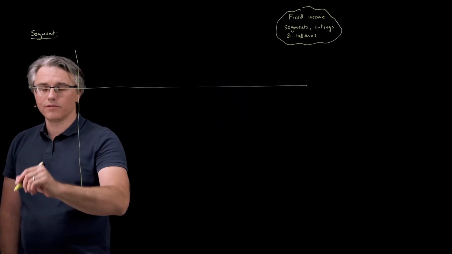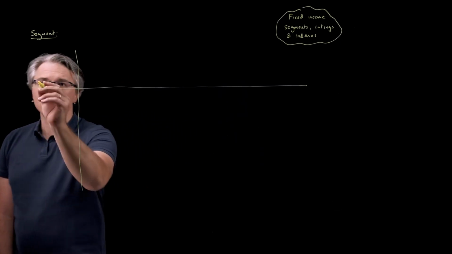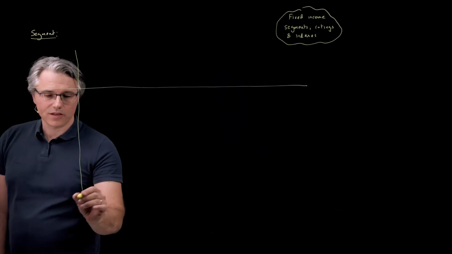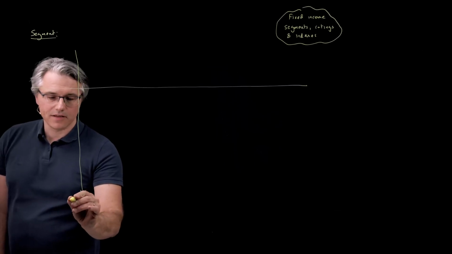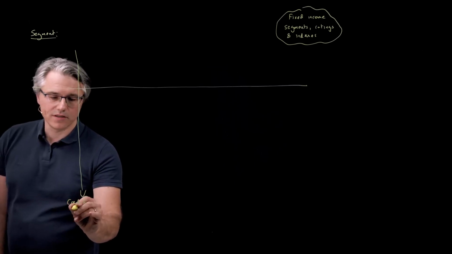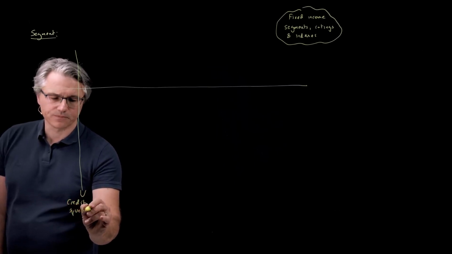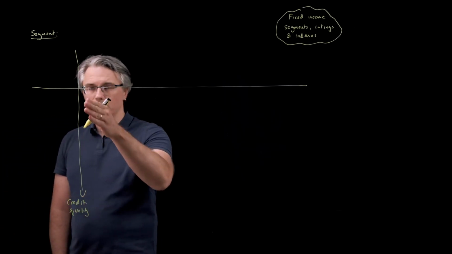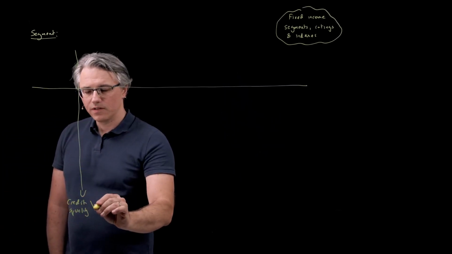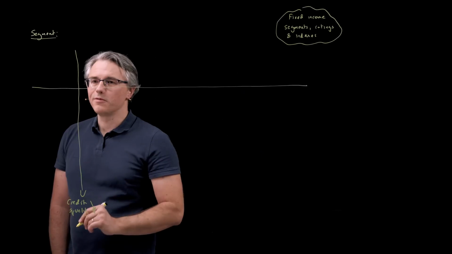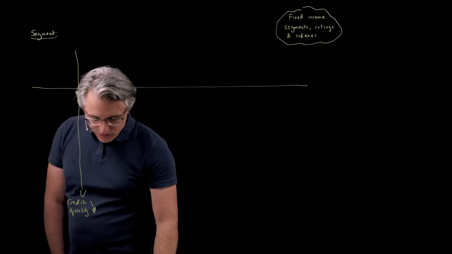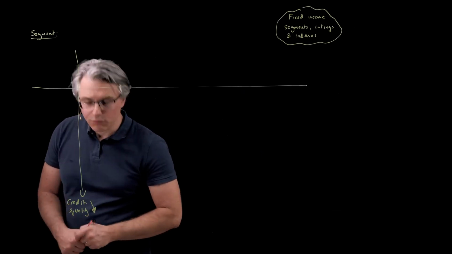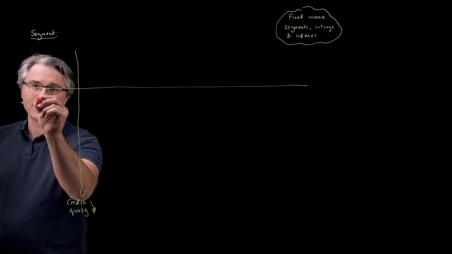Over here, I'm going to have an axis that depicts the credit quality of the issuer. And the funny thing is, as we go this way, the credit quality is going to deteriorate. Now, at the top, we're going to have sovereign issuers.